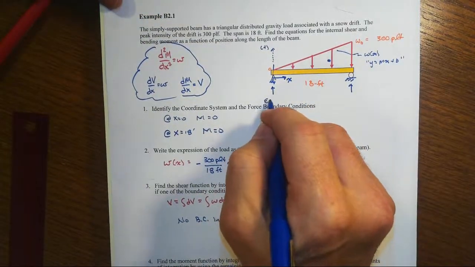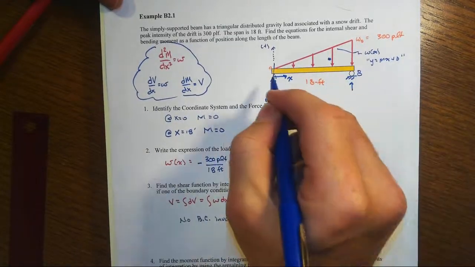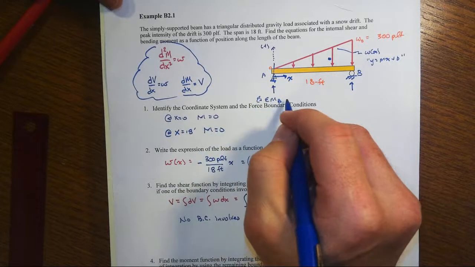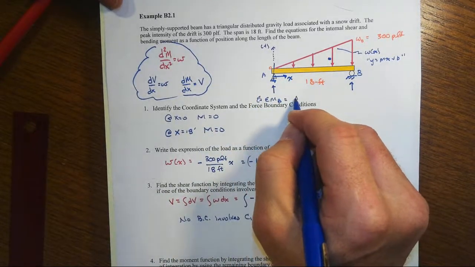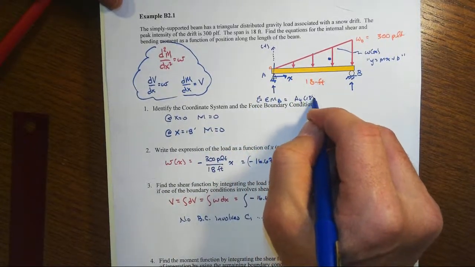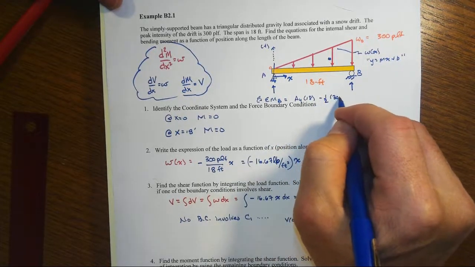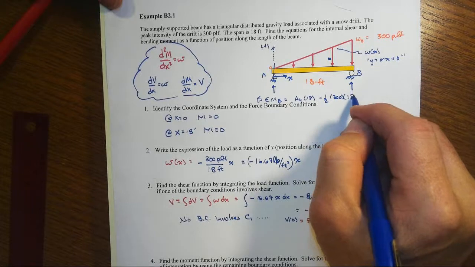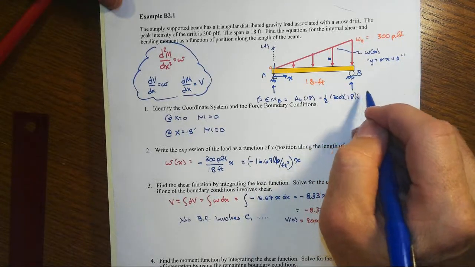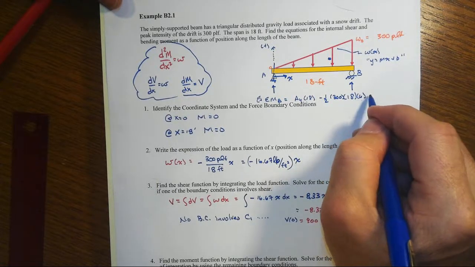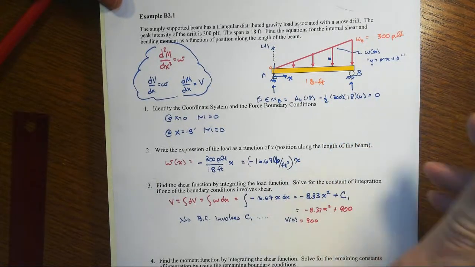We can sum moments about, let's call that point B, that point A. Let's sum moments about point B, because then we'll have Ay times 18 feet minus 1/2 of 300 pounds per foot times 18 feet times a moment arm, which is going to be 1/3 of 18, that's 6 feet, and that has to be equal to 0.